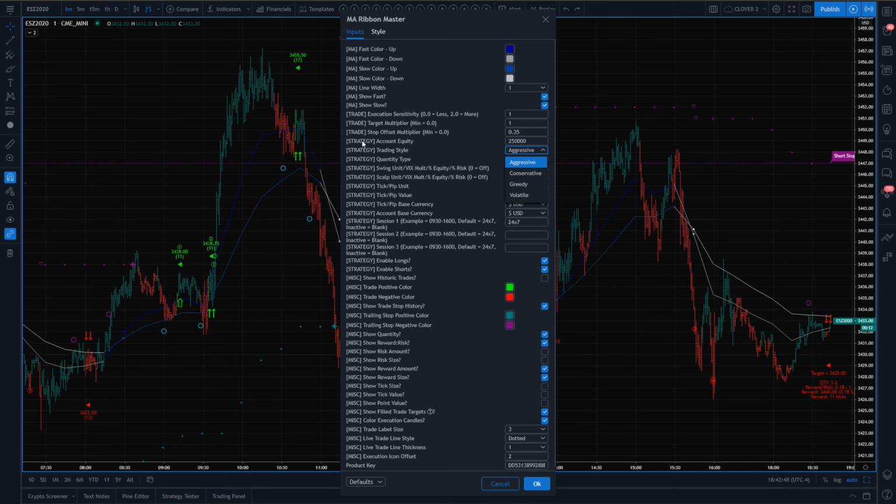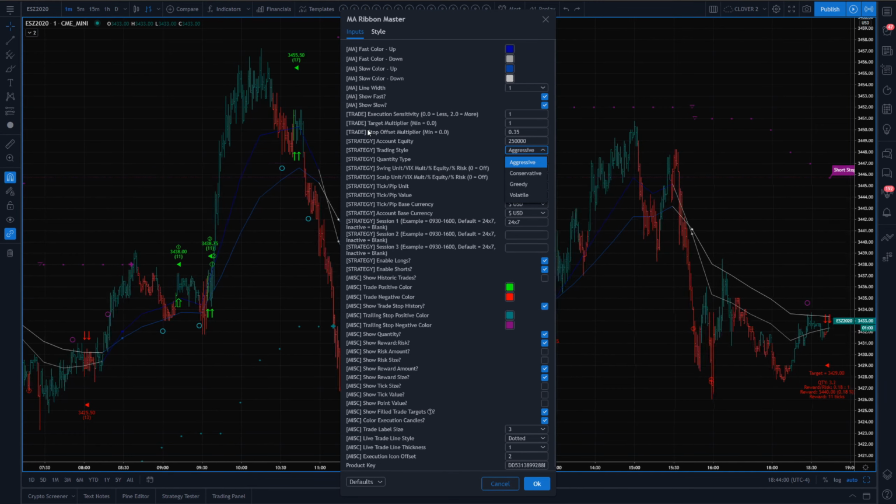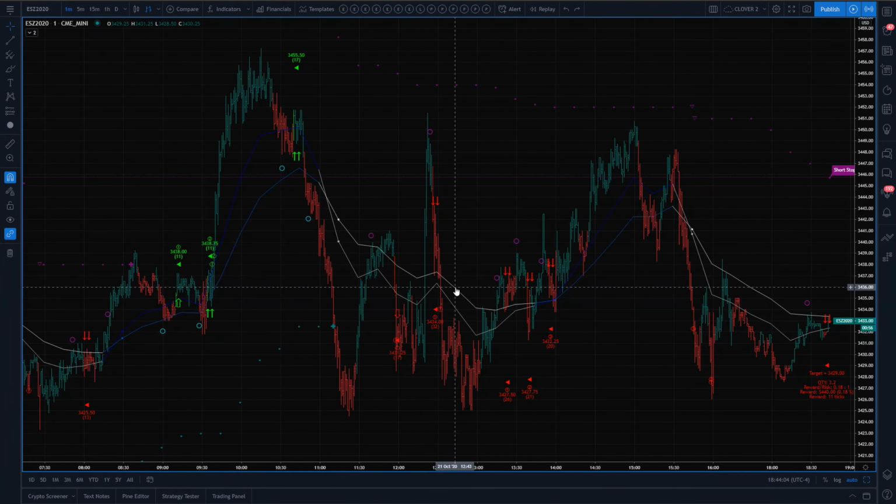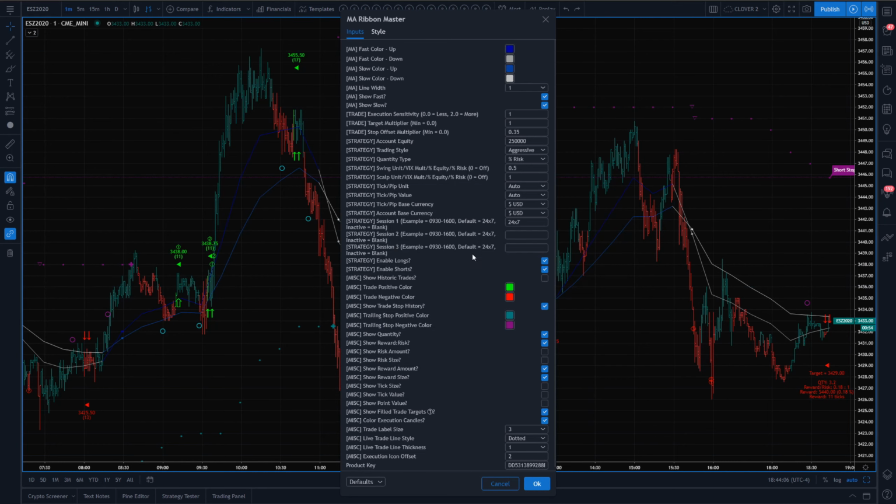Strategy is more designated towards the specific parameters surrounding the actual trading strategy, and trade is more like the optimized inputs, the levers and knobs that you need to toggle in order to adjust the sensitivity of the trading strategy.